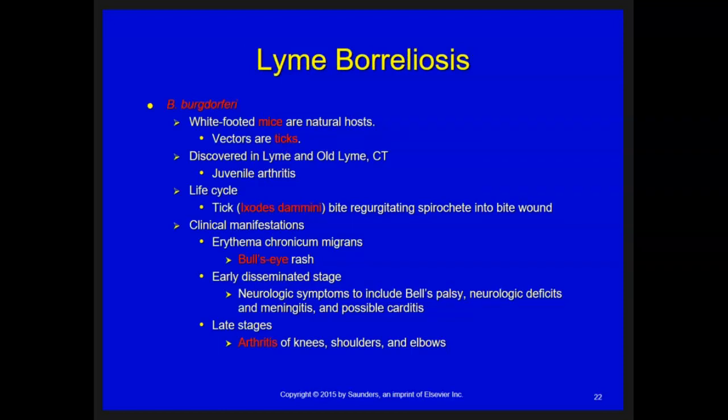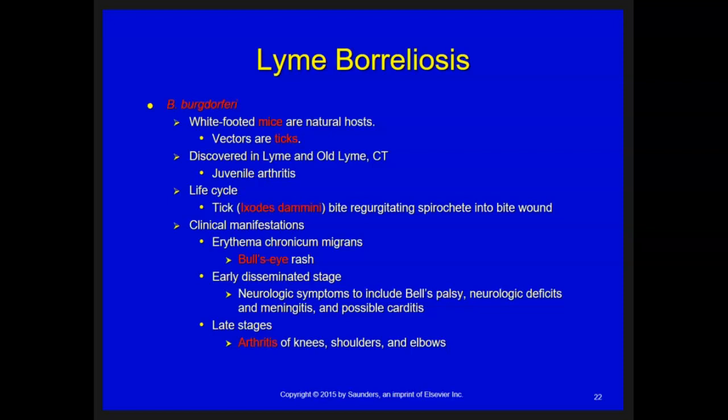Lyme disease is caused by Borrelia burgdorferi. The white-footed mice are the natural host. Ticks are the vectors, and this was discovered in Old Lyme, Connecticut, and seen as juvenile arthritis.